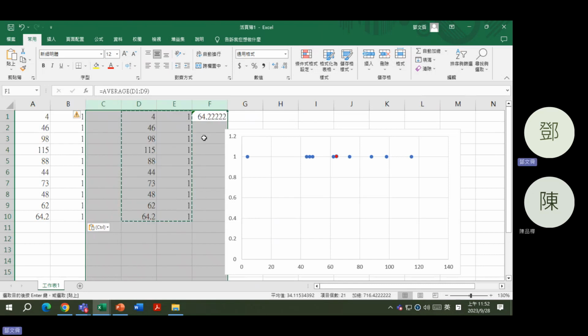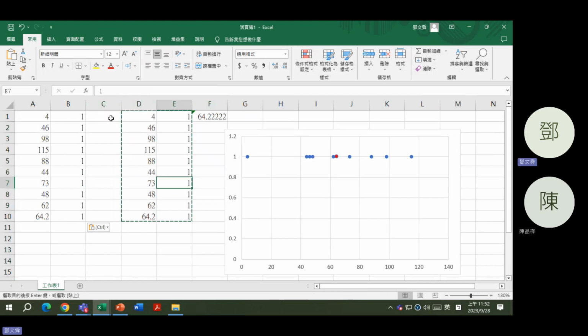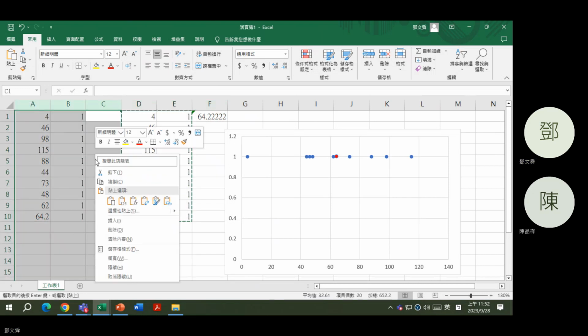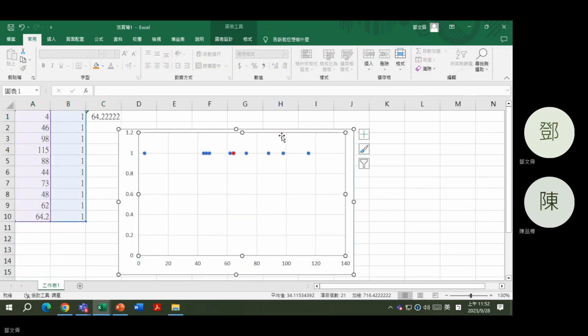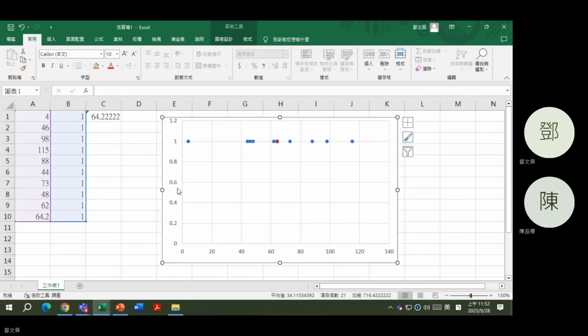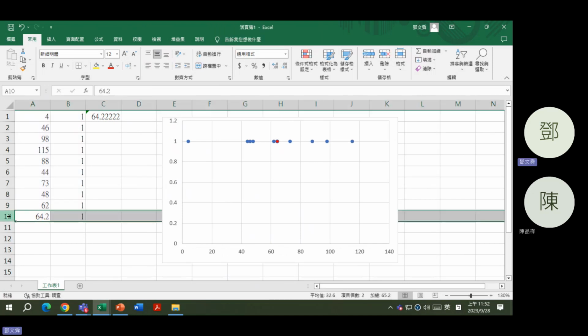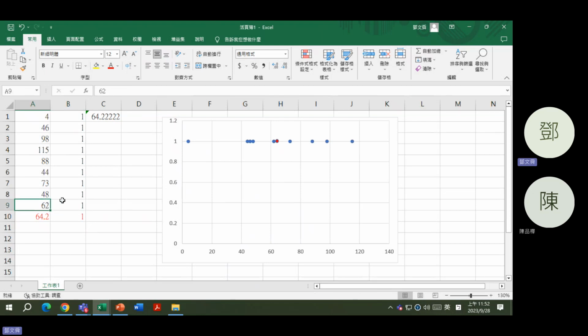Yep, I like it. Look at this. This is the mean, right? What if this one, 115, is increased to 215?